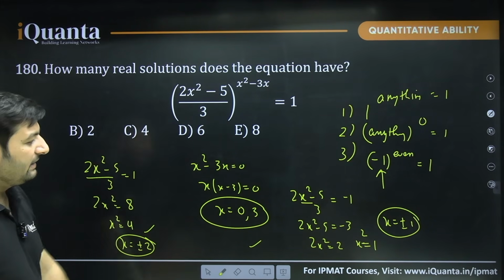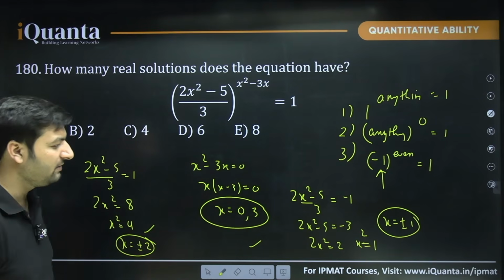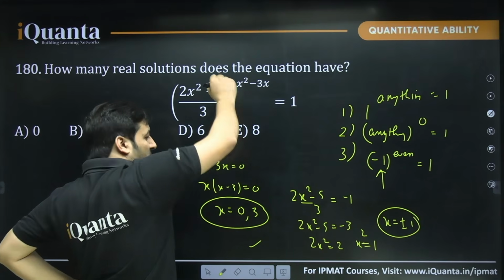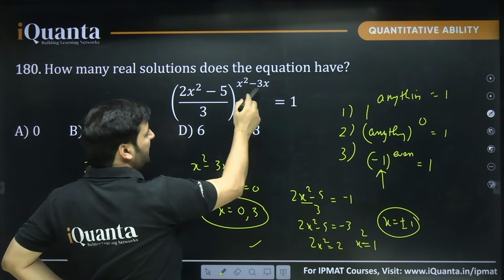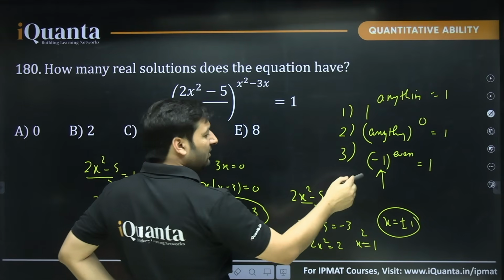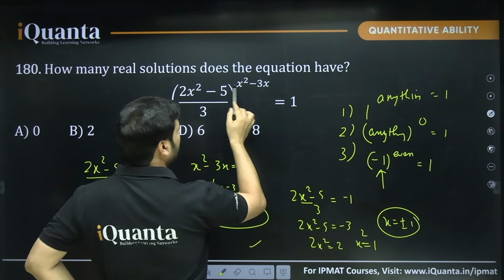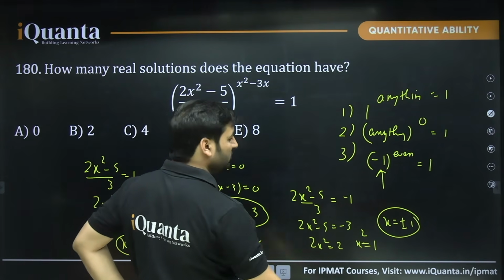But is the power going to be even for both these values? If you put x equal to 1 over here, we will get 1 minus 3, which is minus 2, okay? And if you put minus 1 here, minus 1 plus 3, the power is 2, right?